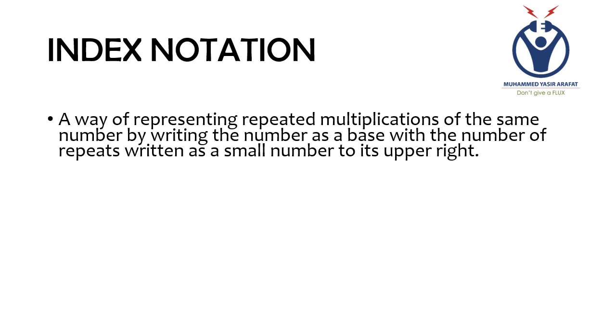Index notation is a method of representing repeated numbers that are multiplying with each other. Here the number is written as the base, and the number of repetitions is written as the index, placed upright as a small number.